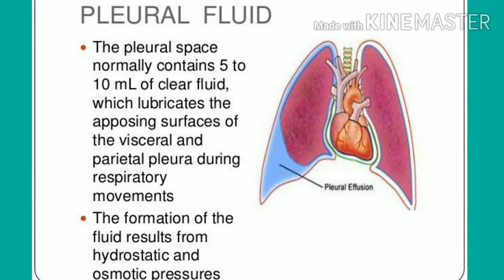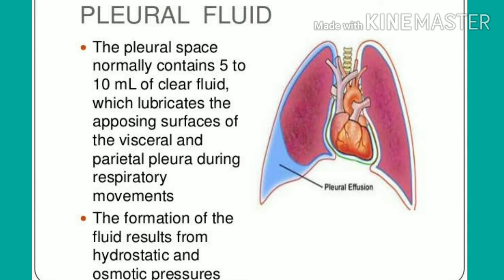We already discussed that normally 5 to 10 milliliters of clear fluid is present in the pleural cavity, which acts as a lubricant for the opposing surfaces of the visceral and parietal pleura during respiratory or breathing movements. Are you understand?